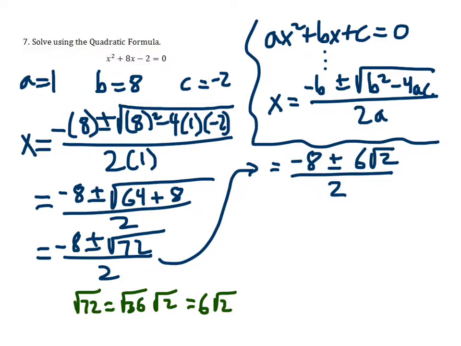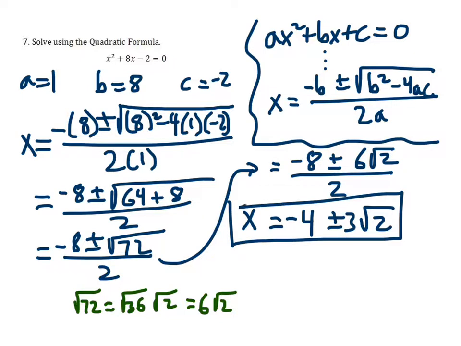And so we end up with negative 8 divided by 2, which gives us negative 4. And the 6 divided by 2 gives us 3. Okay, and there's our solution.